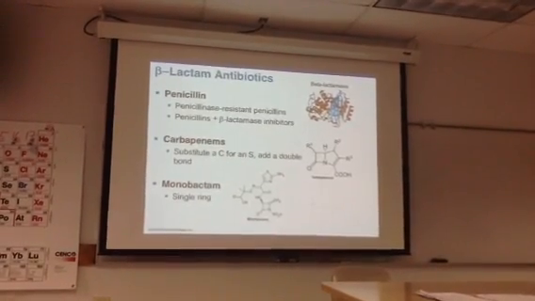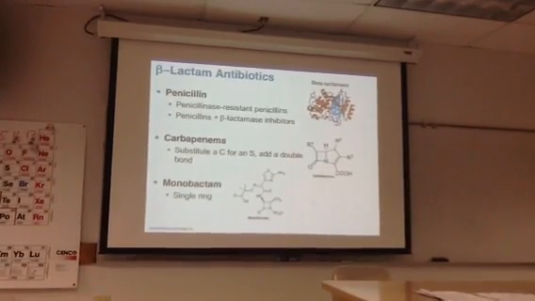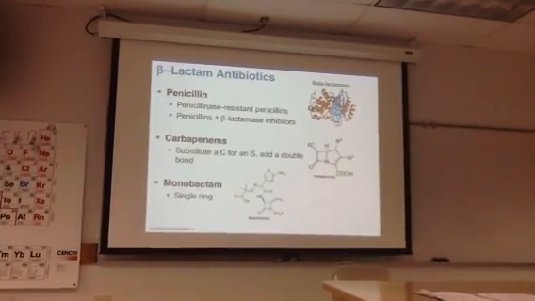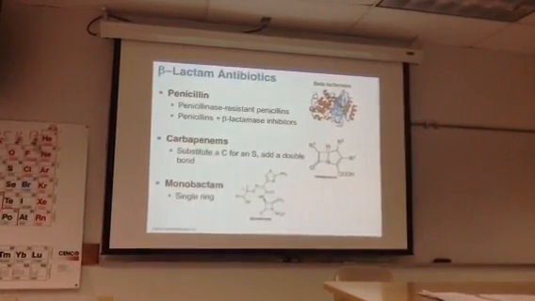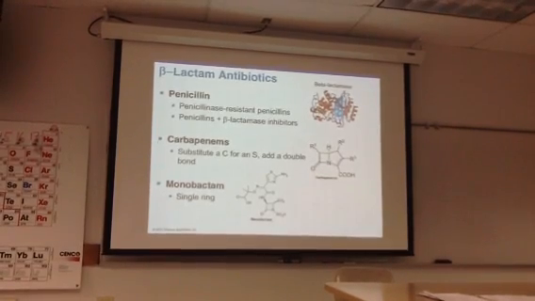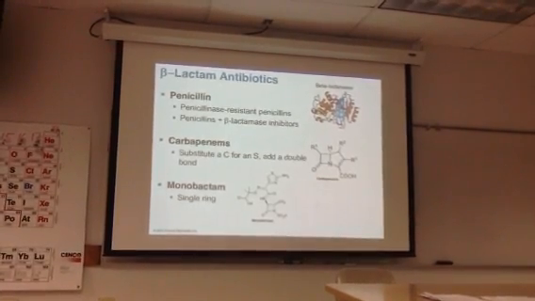Now, sometimes you need to pair them together. If you're going to take a penicillin, you have to take a penicillinase-resistant penicillin. Or you might have to take a beta-lactamase inhibitor. But understand that those are the enzymes that can deactivate your penicillin.